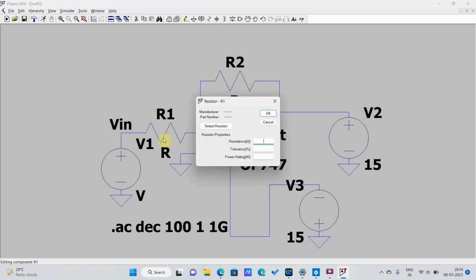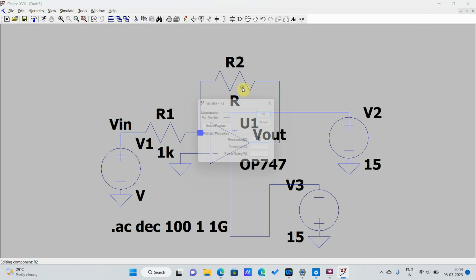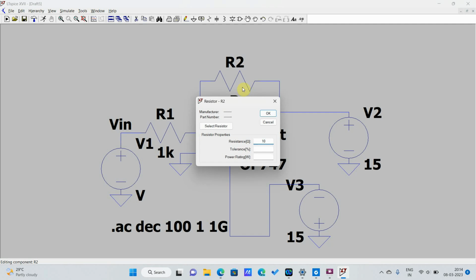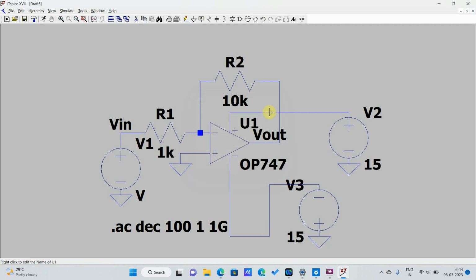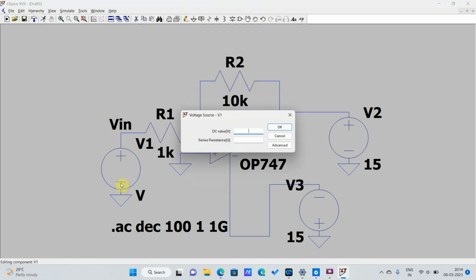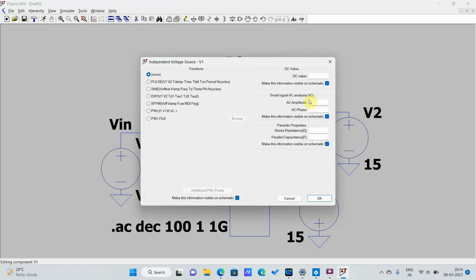Let's give some values to the resistors as 1k, and we'll give the other resistor as 10k. And the AC voltage source is 2.